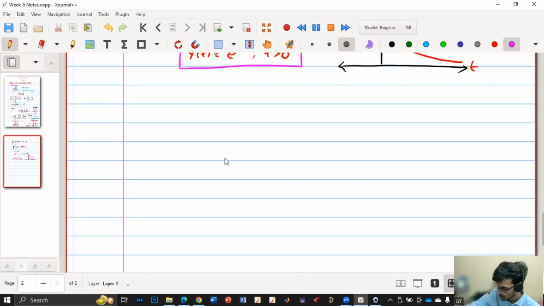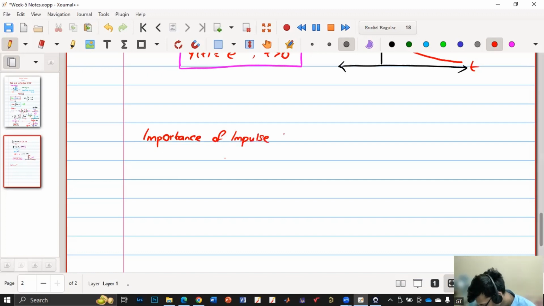So the advantage of the impulse response is, and here another topic will also come, which is convolution.